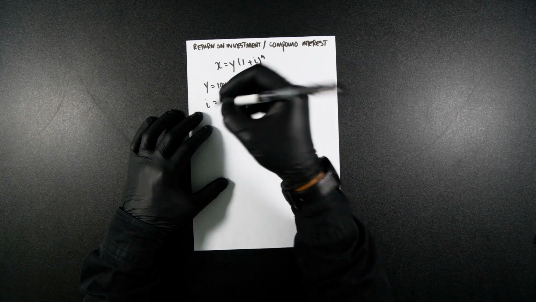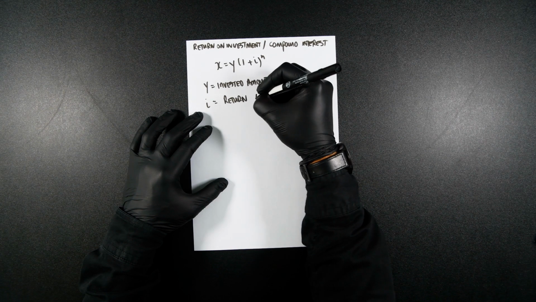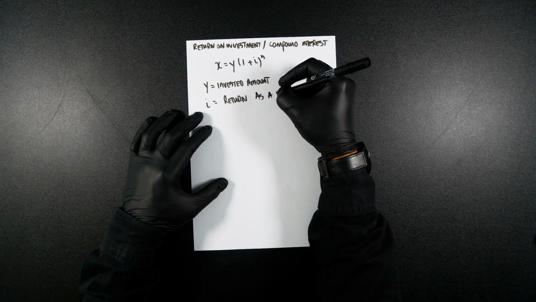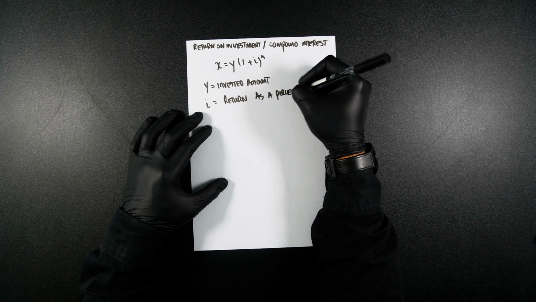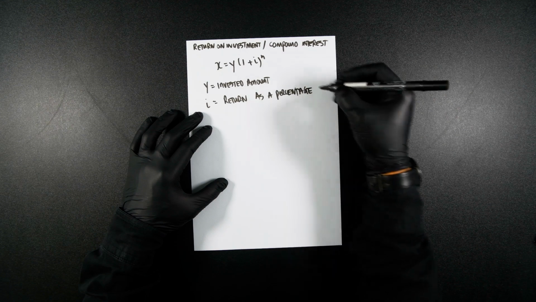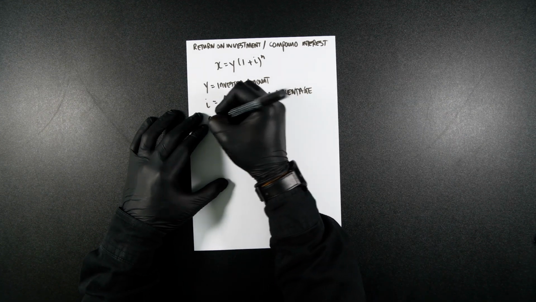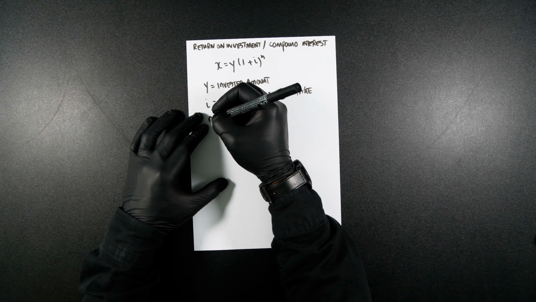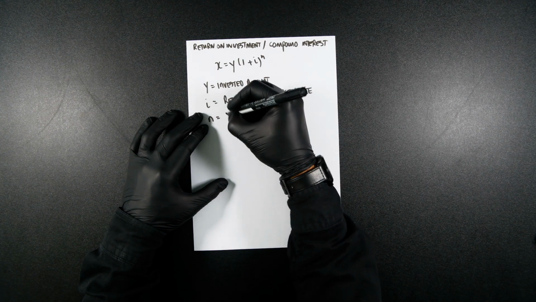Then we have i, which is the return as a percentage, which will be converted into a decimal, and n is going to be the period of time. So this is going to be in years.